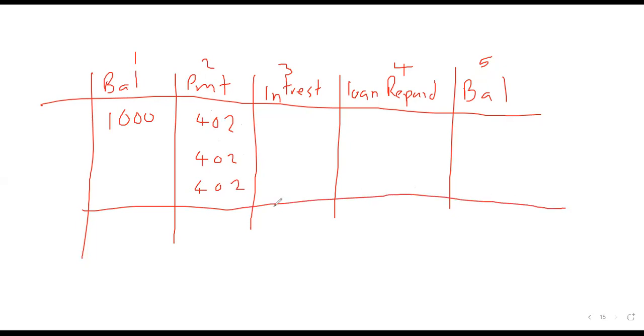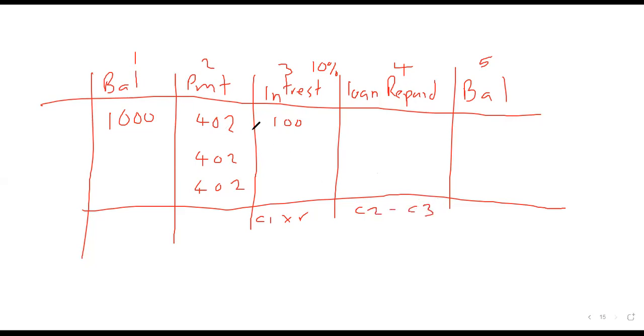So the interest rate was what percentage? 10%. Here we're calculating column 1 times 10%. So 10% of this one is 100. Then column 4 is simply column 2 minus column 3.